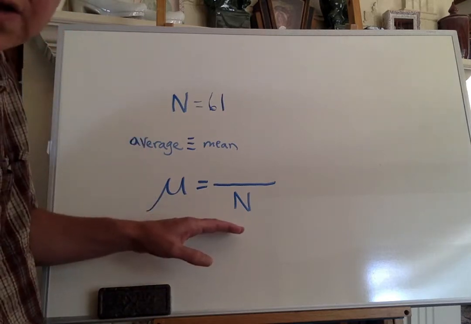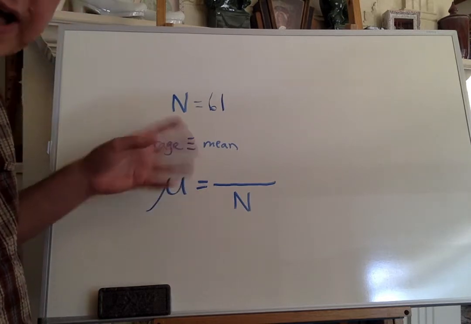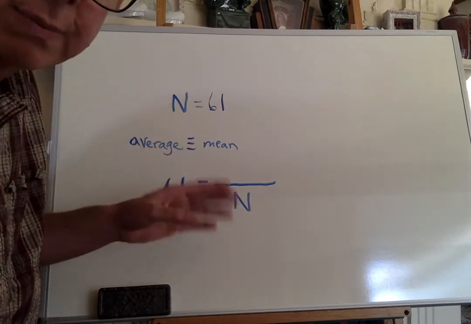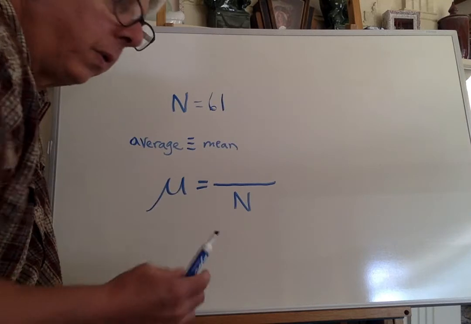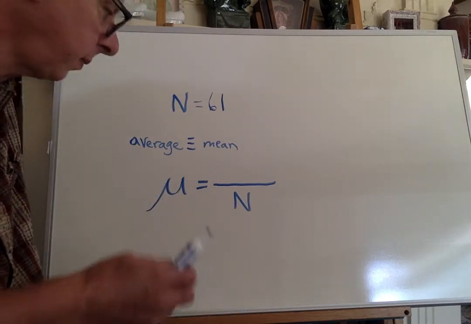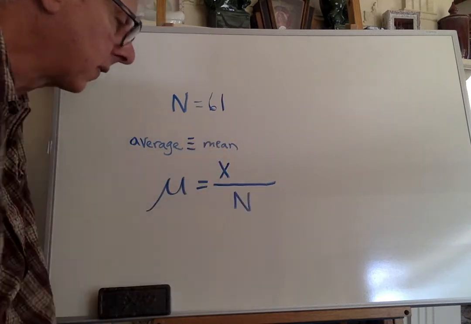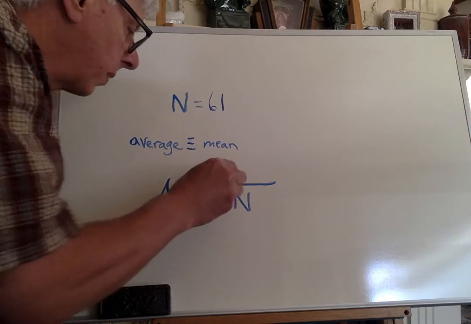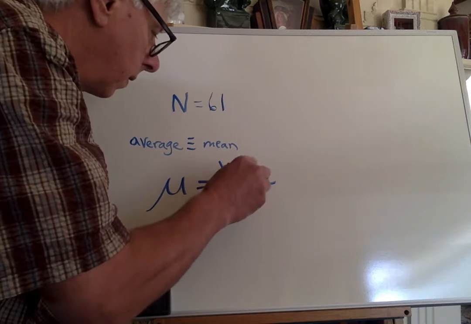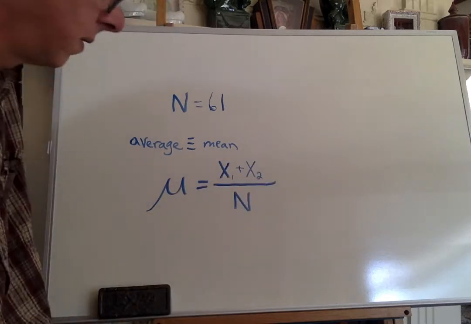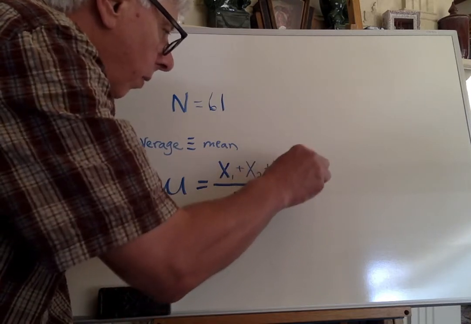I want to make this a generic formula, the formula we'll use whenever we're looking for any averages, any means. And what are we going to do? We're going to add up the scores. Each score, the symbol for the score, the data point, the individual, is X. We're going to subscript this. So you take the score for the first person plus the score for the second person plus the score for the third person plus the score for the fourth person.